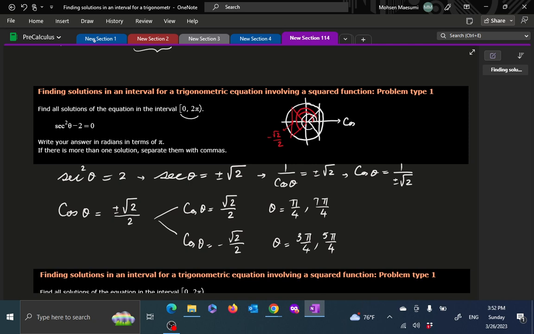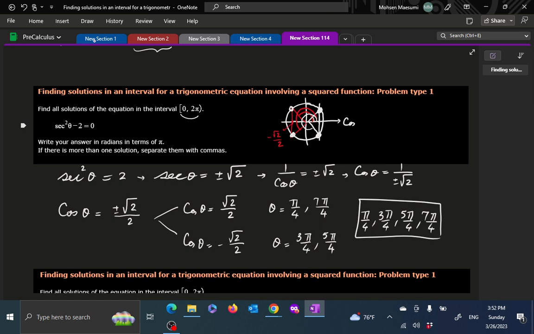Putting them all in a list, we get pi over 4, 3 pi over 4, 5 pi over 4, 7 pi over 4. All of the angles at these four corners become our targets.